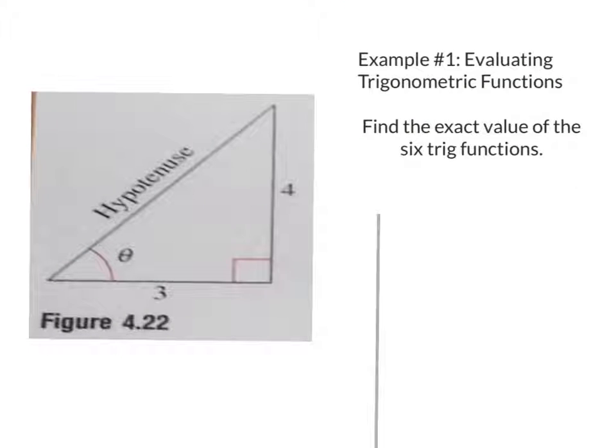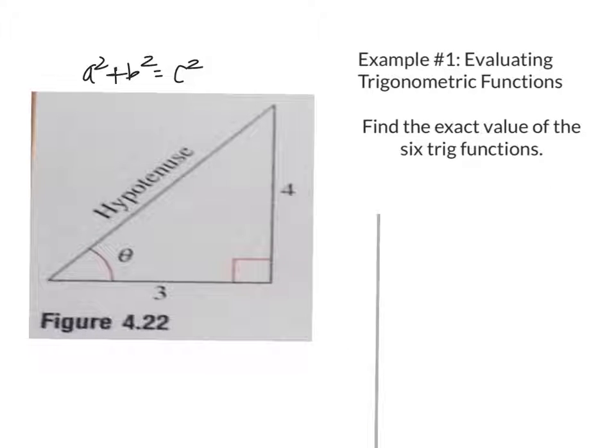In example 1, we are asked to evaluate or find the exact value of the 6 trig functions. First, what we've been given is a right triangle, but we don't have all the sides given to us. So that falls back to the Pythagorean theorem, which means if you know 2 sides of a right triangle, then you're able to find the third using a squared plus b squared equals c squared.